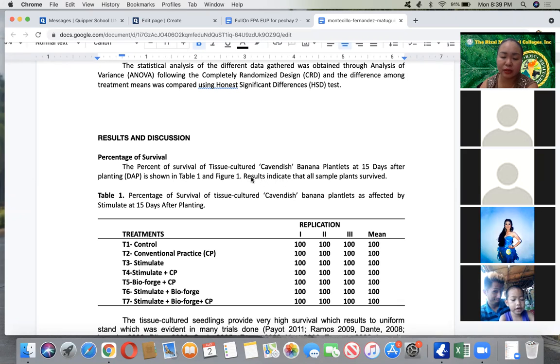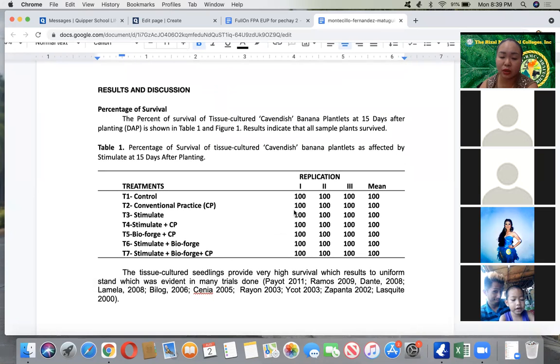What is inside table 1 doesn't mean that you are going to repeat what is being presented in table 1. As you can see here, they are all 100% survival.